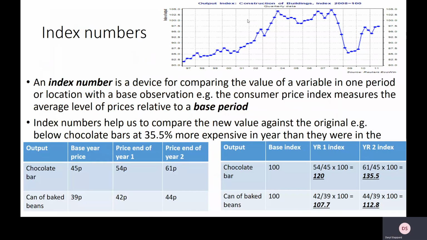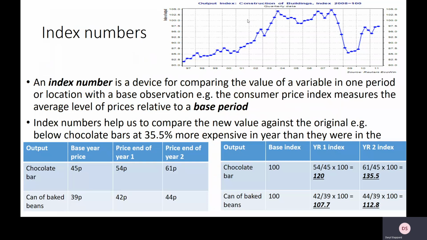Right, so first of all, index numbers then. These are things that we use a lot in economics. Index numbers, what they do, they allow us to compare how the value of a variable will change over time. And we can make this comparison against a base year. Now, we use index numbers for all sorts of weird and wonderful things. It could be to track how price levels change over time through something called the Consumer Price Index.